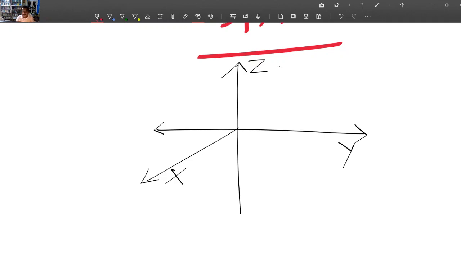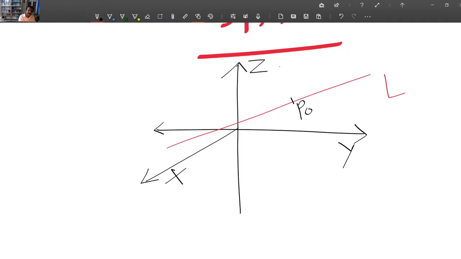So you consider a line like this, a straight line L, and suppose that a given point is P0 on the line.